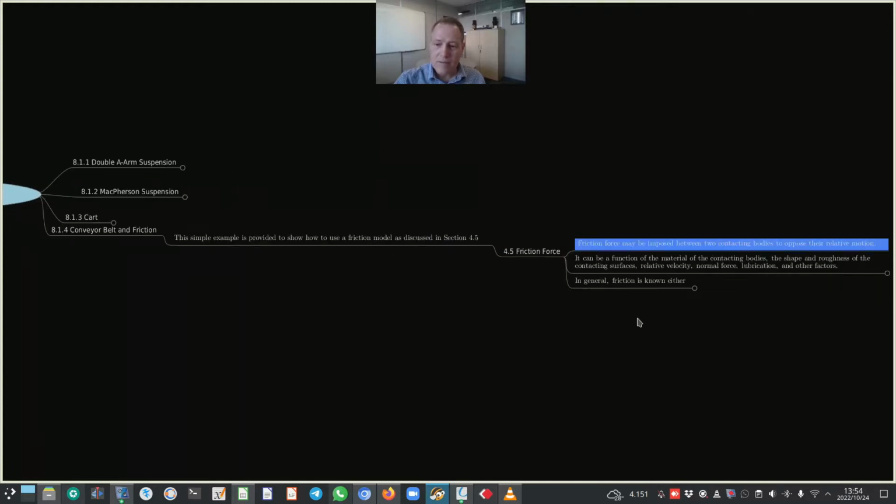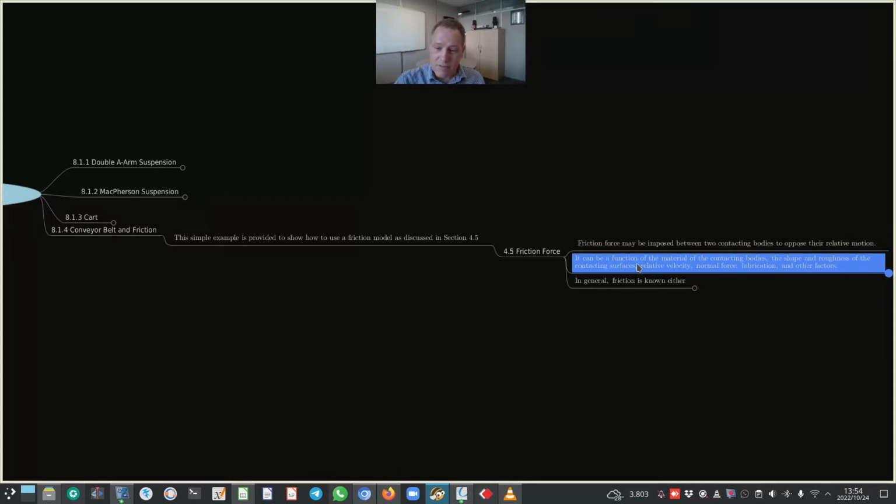So, friction force may be imposed between two contacting bodies to oppose their relative motion. Friction force can be a function of the material of the contacting bodies, the shape and roughness of the contacting surfaces, relative velocity, normal force, lubrication, and other factors.